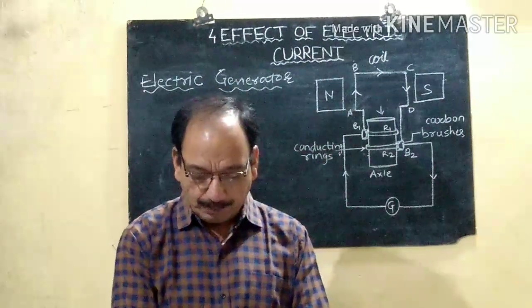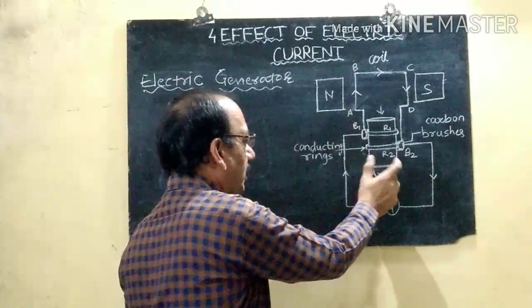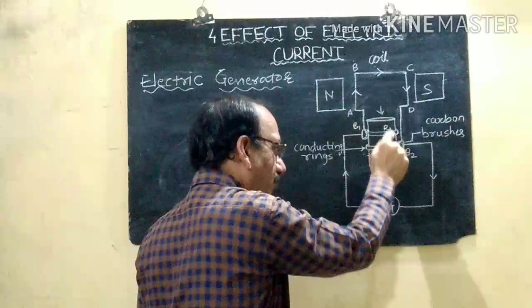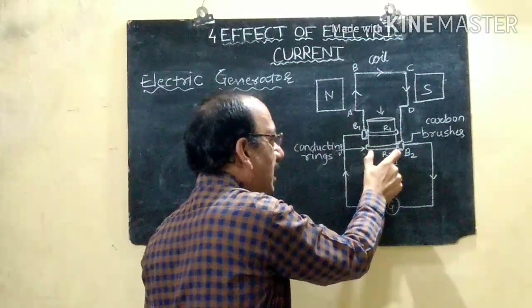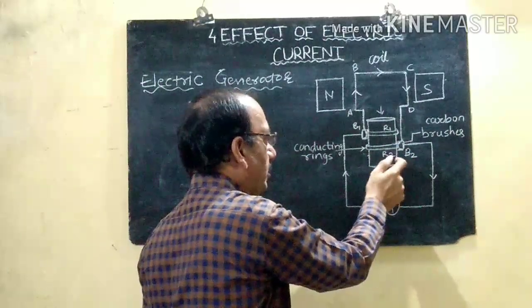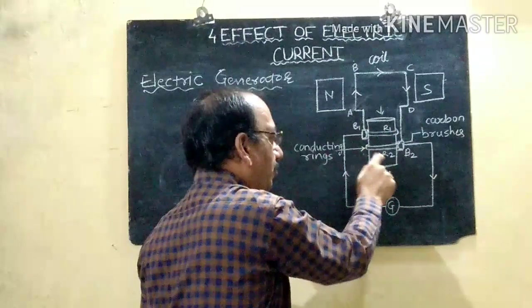When this axle starts rotating, the rings R1 and R2 are fitted tightly with this axle. When this axle rotates clockwise or anti-clockwise, the coil ABCD also rotates with this axle.